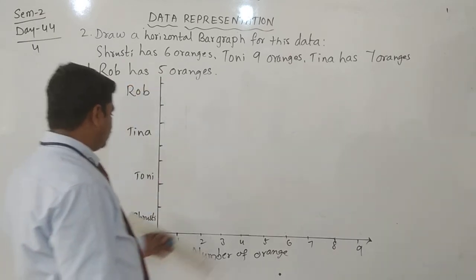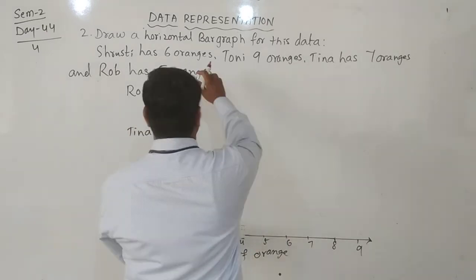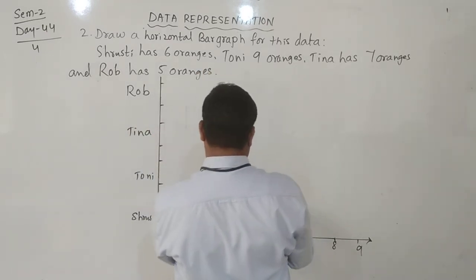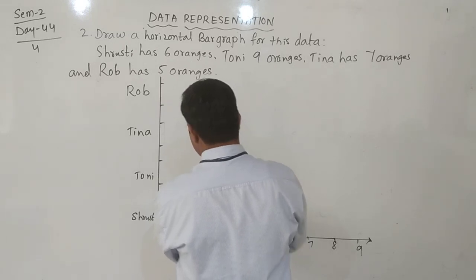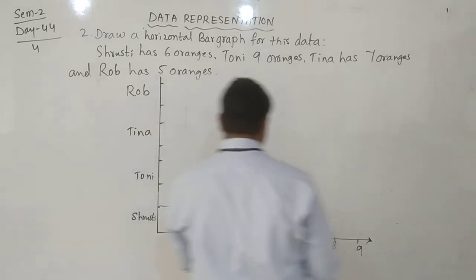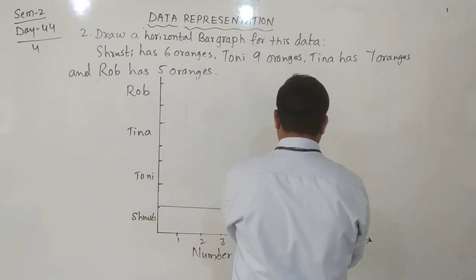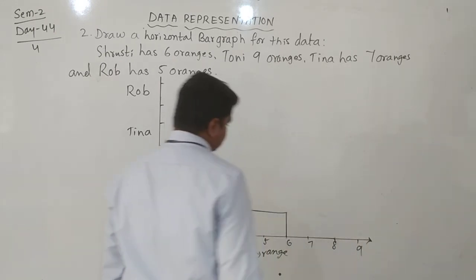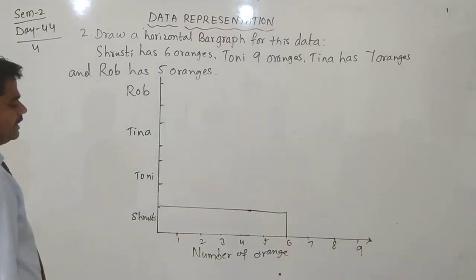Now first, Srushti has 6 oranges, so draw a bar up to 6. This is the bar of Srushti's oranges.